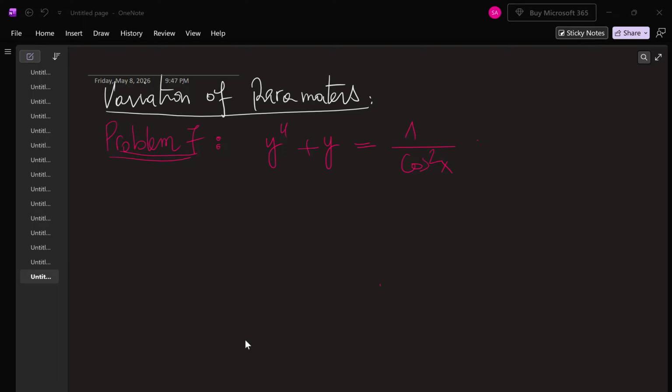And we don't have initial conditions. So how to solve this?